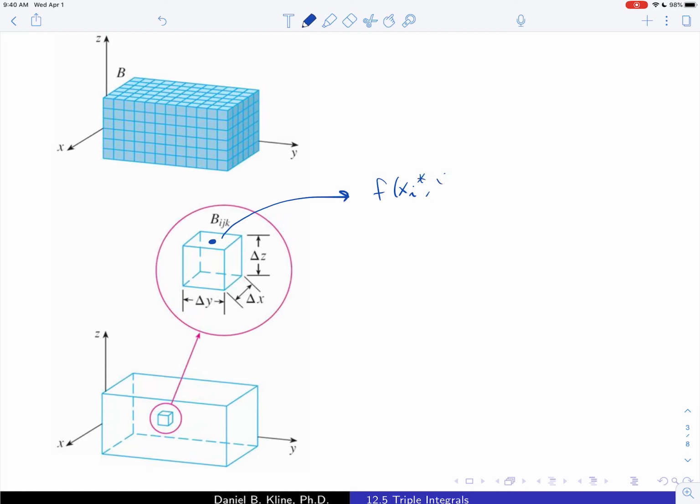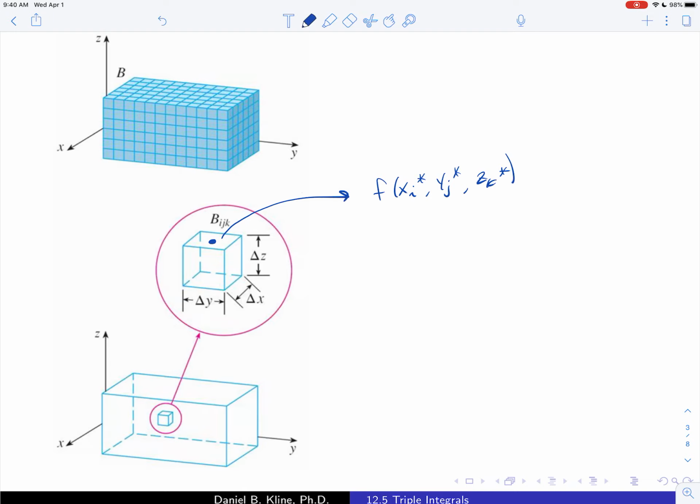So I'll have an xi star, yj star, and zk star. And all of a sudden, you get a sense of how this is going to go. This is going to be a sum of the volume of this box times whatever this is. And so this is like 4-dimensional volume. This is actually hypervolume. So somehow triple integrals, without any further explanation, you can think of them as hypervolume.